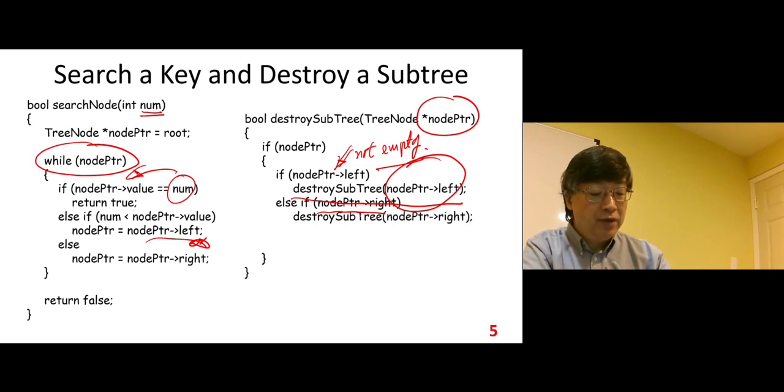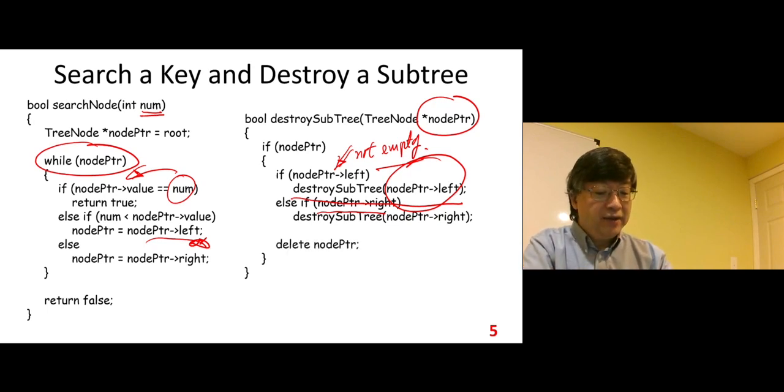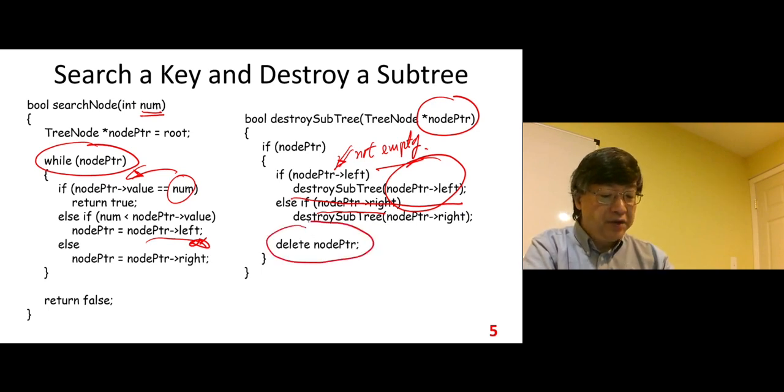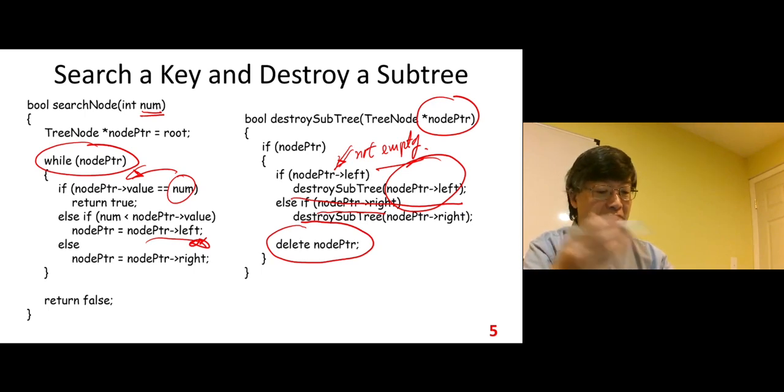If it's not empty, you destroy the right subtree. Okay? Finally, after you finish that, at the end, you destroy the current node, the root node of the current subtree. That's the destroy operation. Okay?